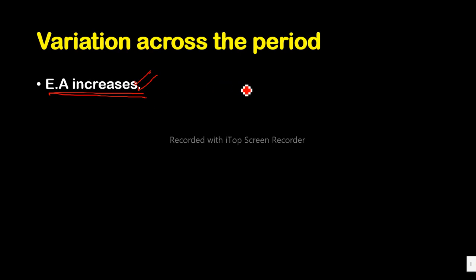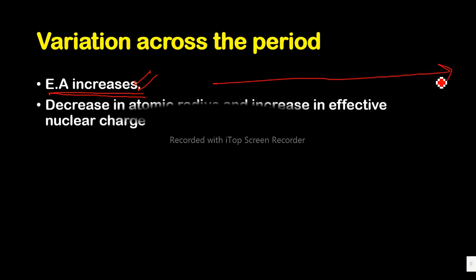And across the period, the electron affinity increases. Why is it increasing? It's because the atomic radius is decreasing across the period, and so the effective nuclear attraction, the effective nuclear charge for that incoming electron increases, or the effective nuclear charge of the atom increases, which increases the nuclear attraction for that incoming electron.